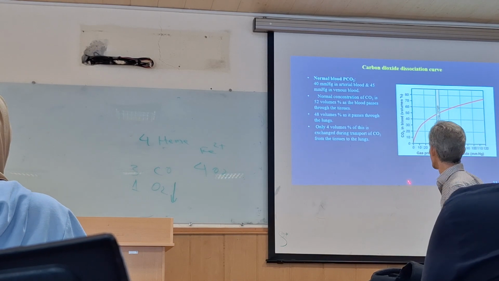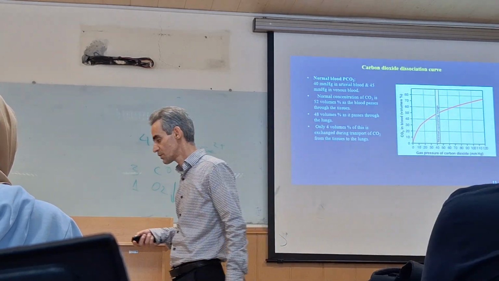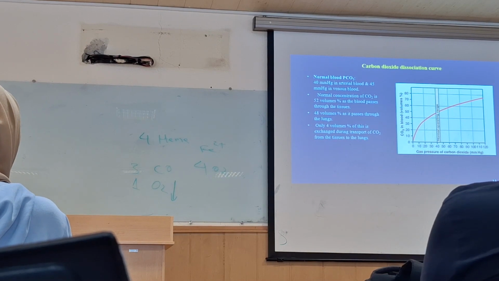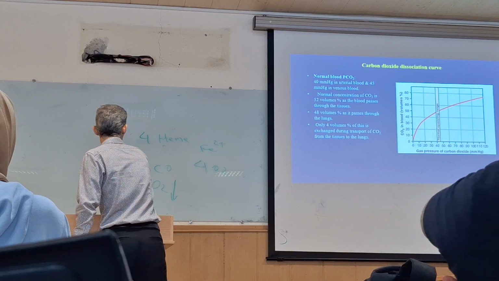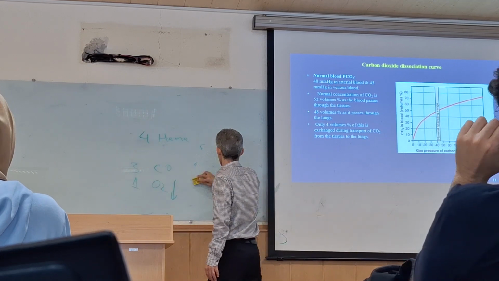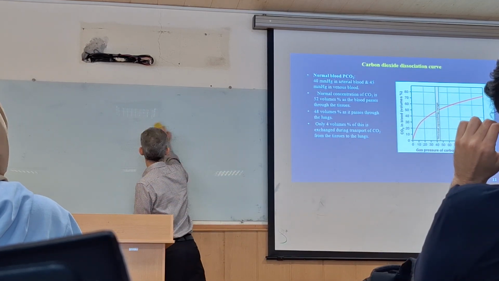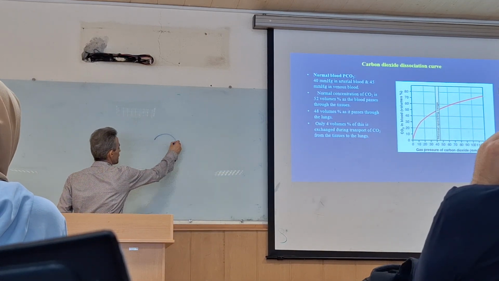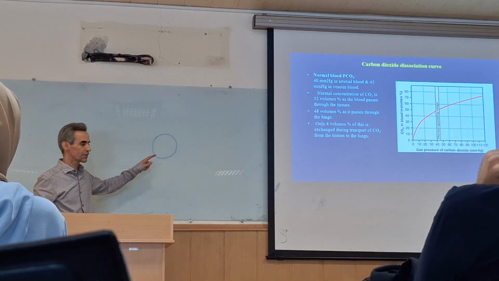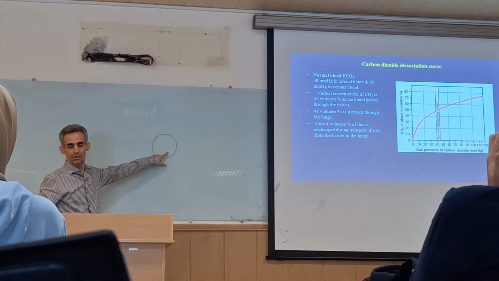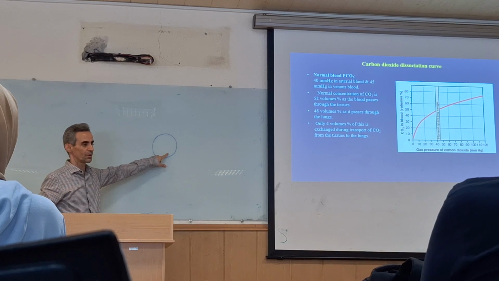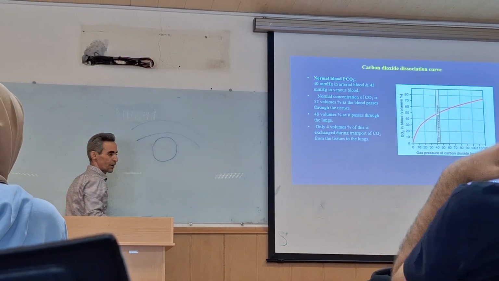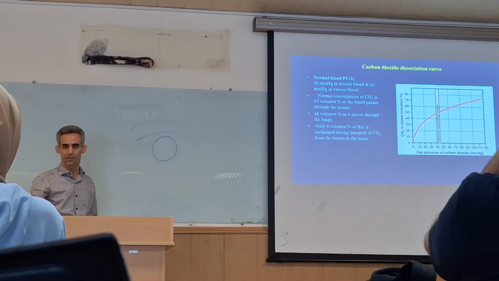So here you can see the carbon dioxide dissociation curve. Similar to oxygen, you know that if again I indicate the peripheral tissue by this circle, for this tissue we have again capillaries.